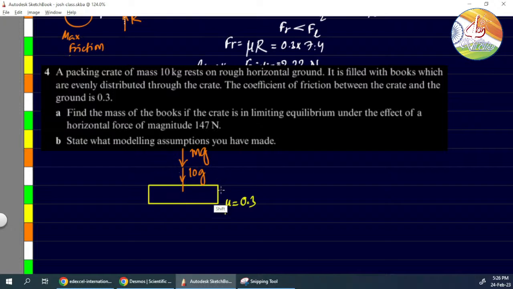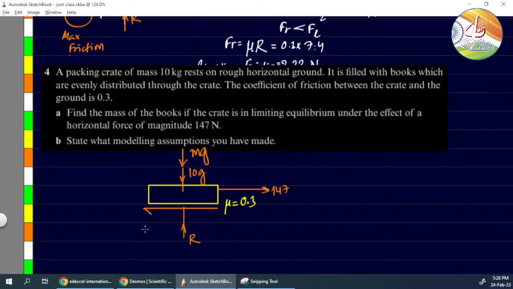The crate is in limiting equilibrium. So on the crate we are applying a force of 147 newtons, and this comes under limiting equilibrium. That information we need to use. Let us say this is the normal reaction.